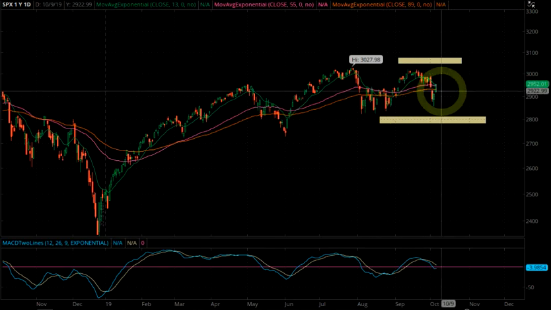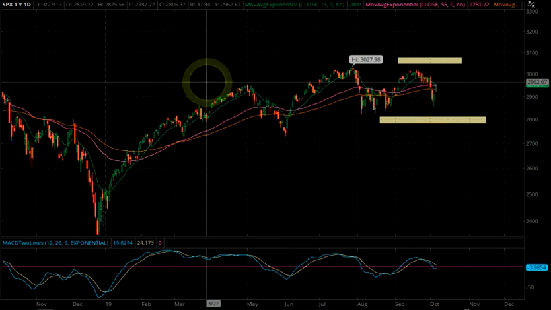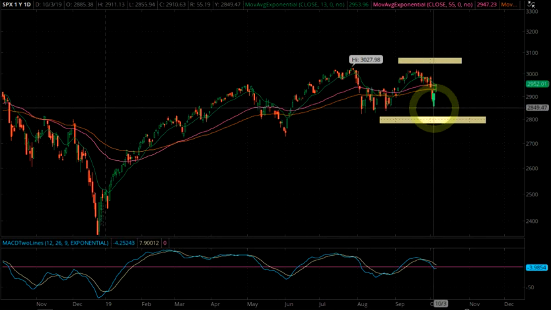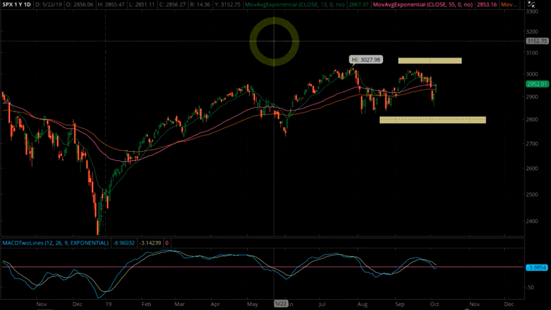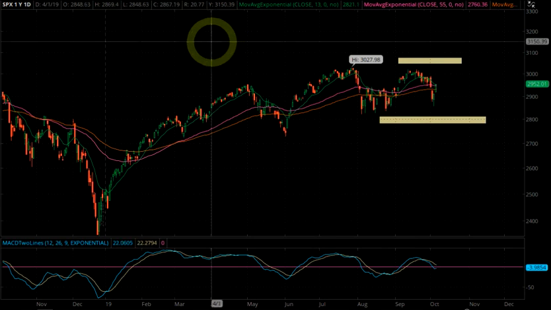Anyway, I guess that's enough of the S&P 500. The point is, we had a pretty volatile week. Usually when you get a pickup in volatility, it doesn't usually mean more upside. It usually means more downside.